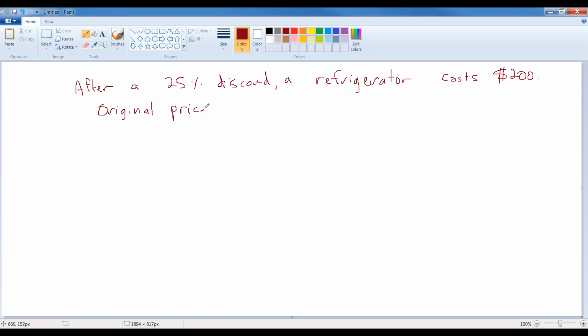I apologize for my handwriting being a little sloppy, not that easy to write with these tablets over here. But anyway, so we have a 25% discount. A refrigerator costs $200. What is its original price?